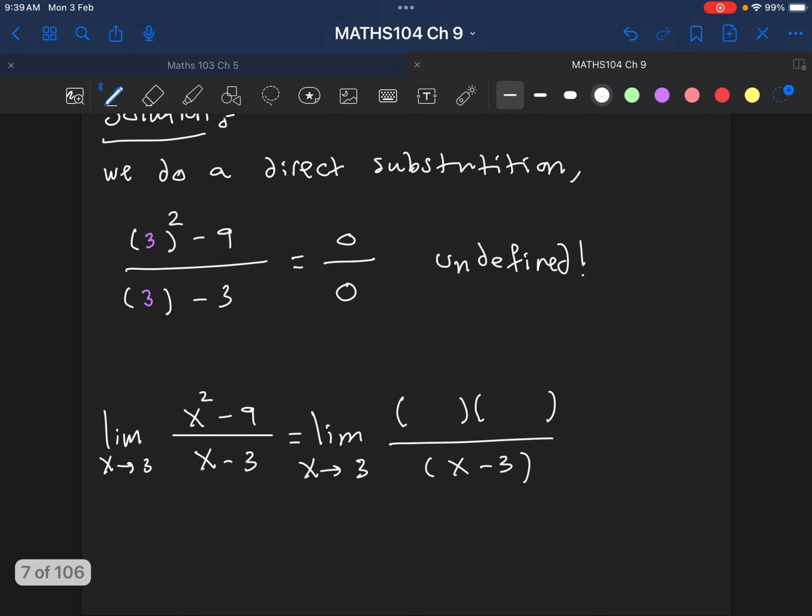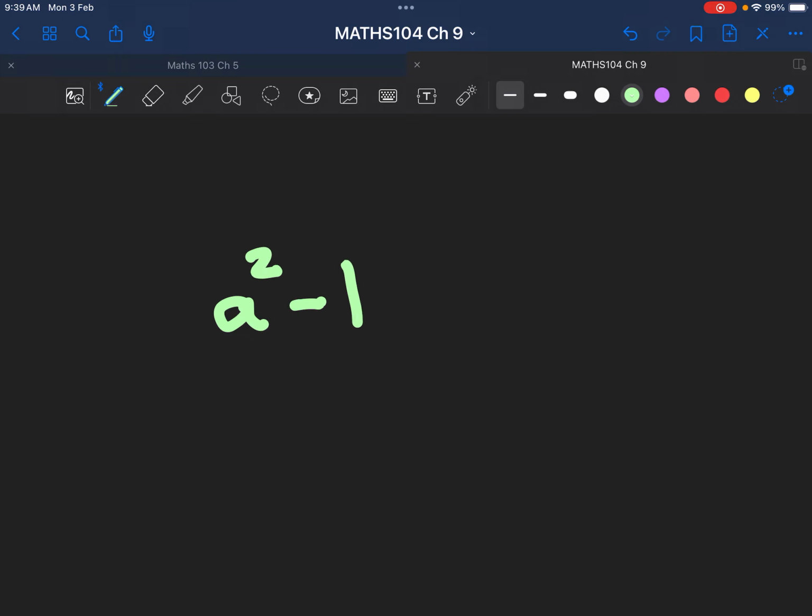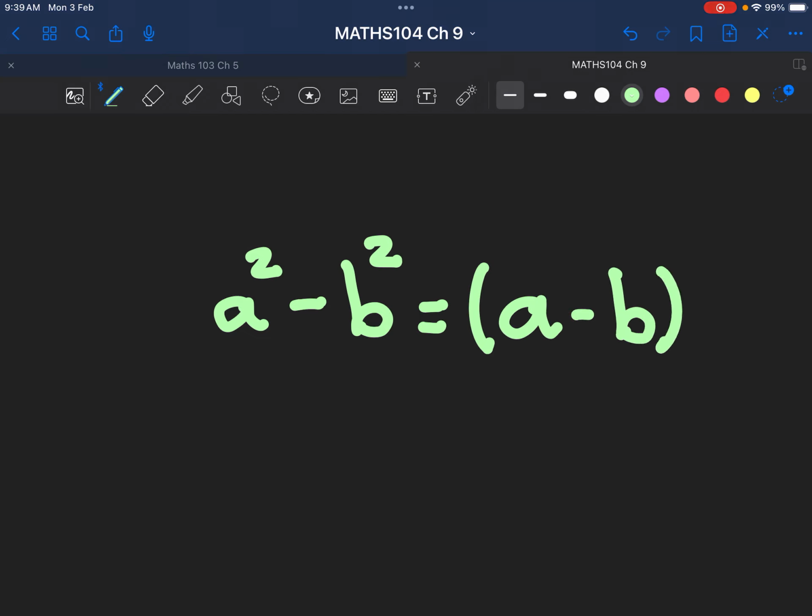How do we factor this one? Let me just zoom in here and remind you of the formula of two different squares. If we have a squared minus b squared, this can be factored easily into a minus b and a plus b. Now, what has this to do with our case?